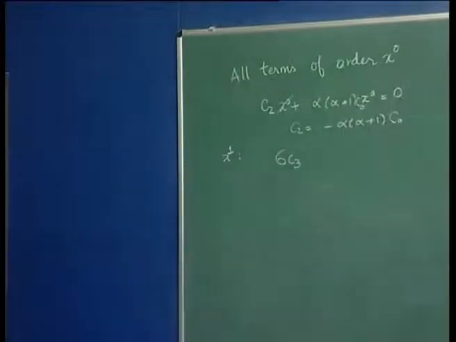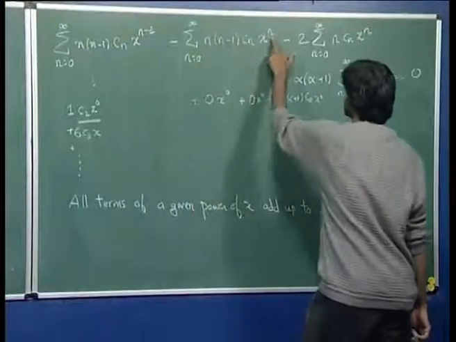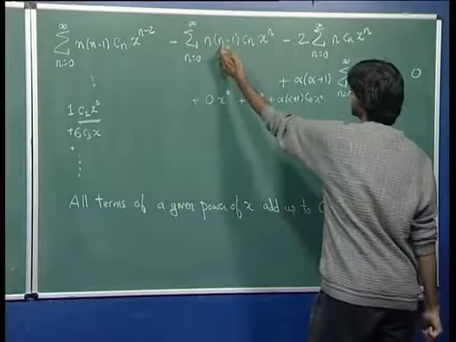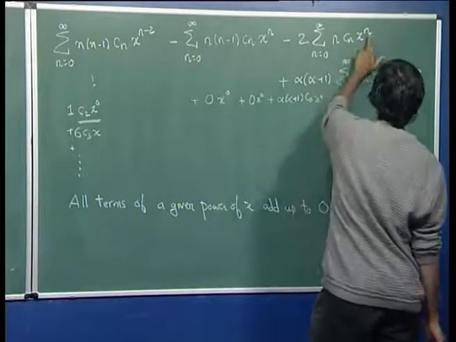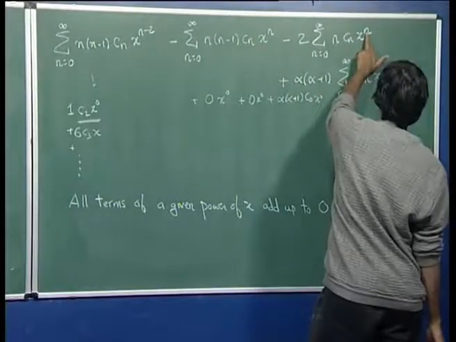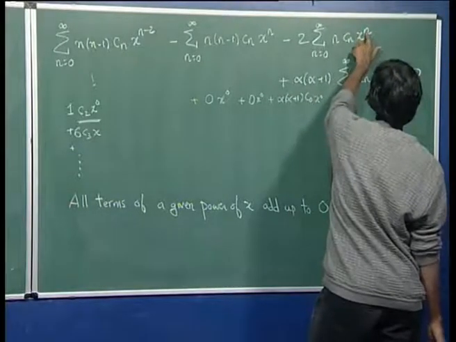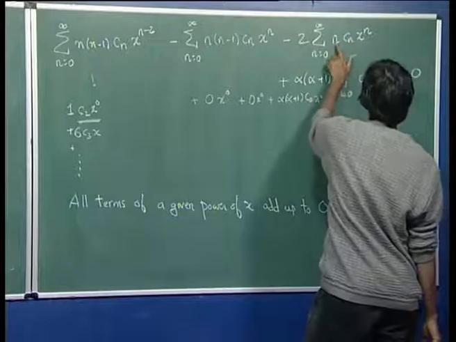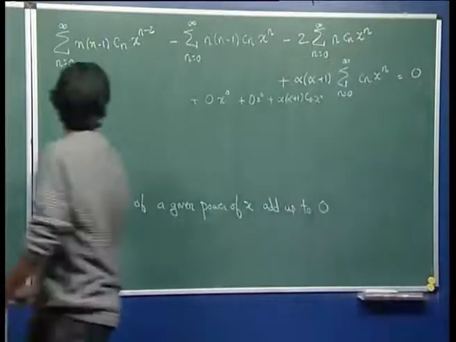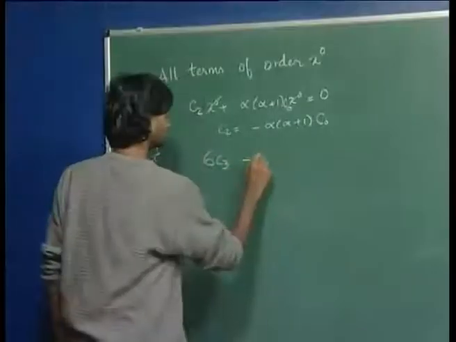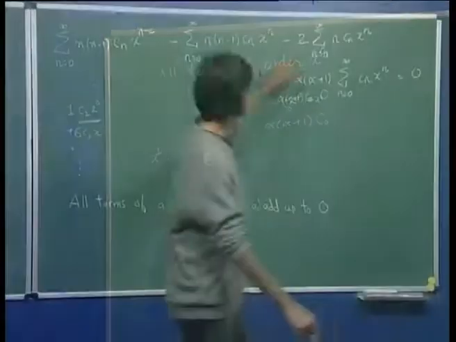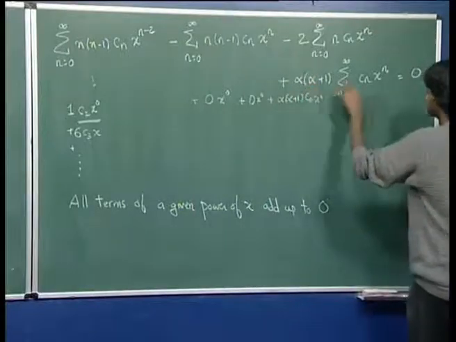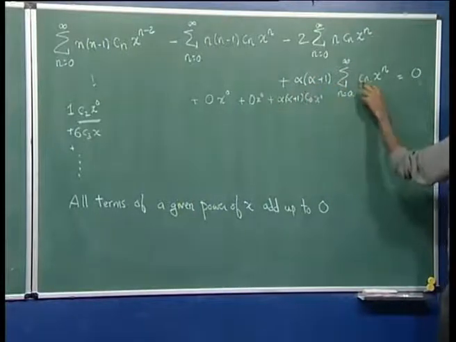Then in this case, if you have to have x power 1, then n has to be 1, your n minus 1 is 0. So, this does not contribute. In this case, n has to be equal to 1, so you get minus 2 C 1, coming from here, and finally, in this case you have alpha plus 1 C 1.